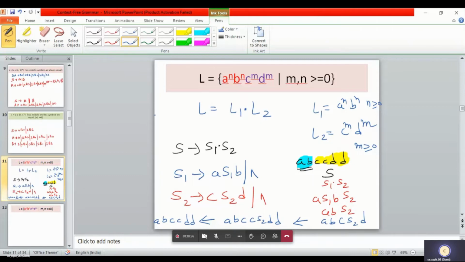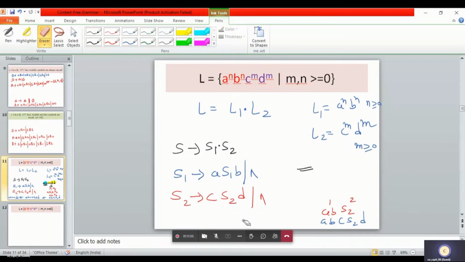This is one example. Now let us derive a string that is only AB. We can also do that, right? Only AB is also a valid string because we can consider m equal to 0, a special case. If we take m equal to 0, I should be able to derive AB. So I will start with S. I will replace it with S1 S2.